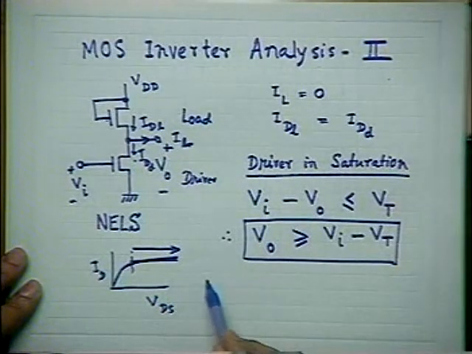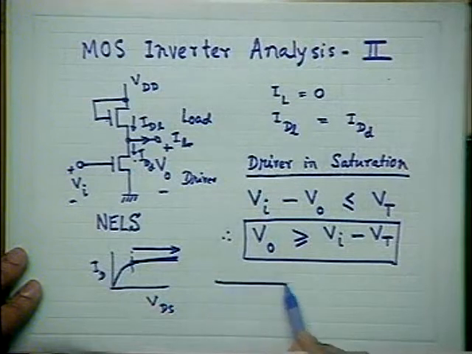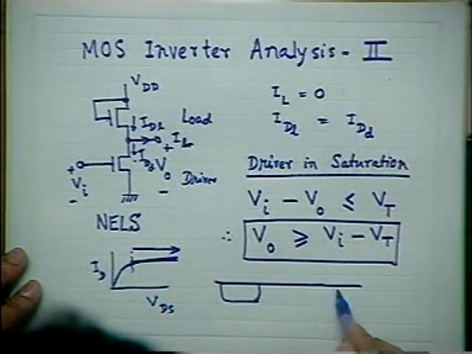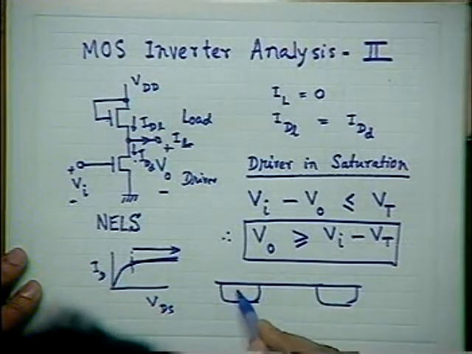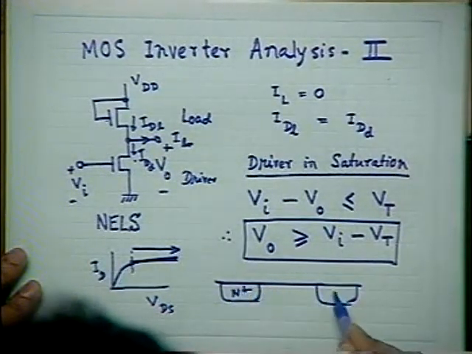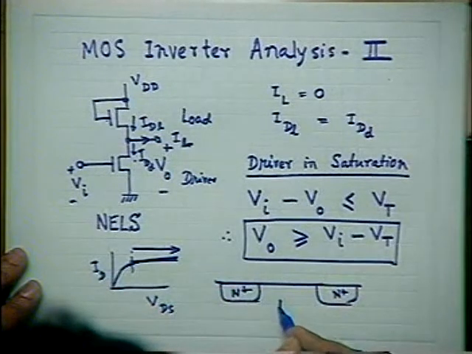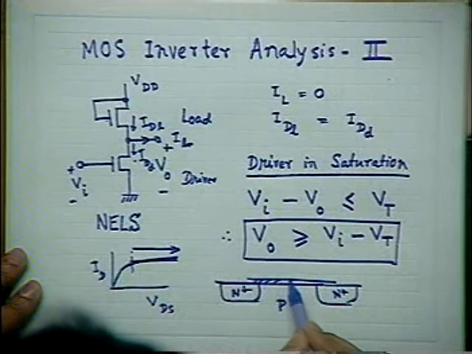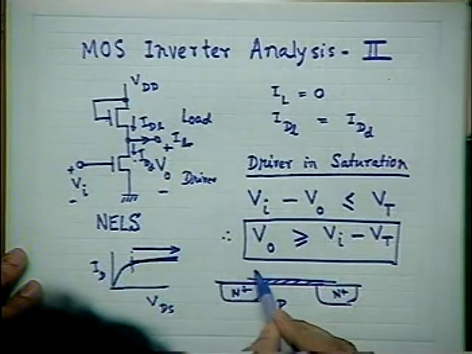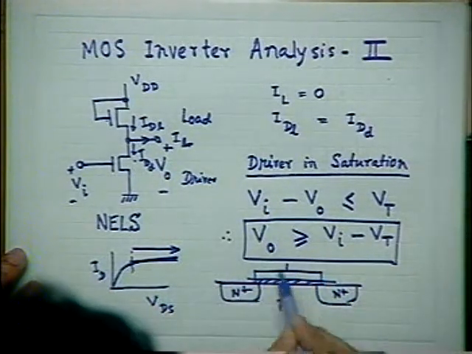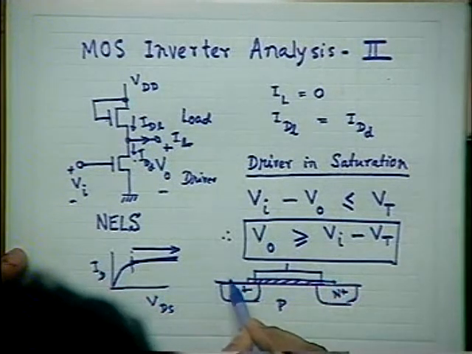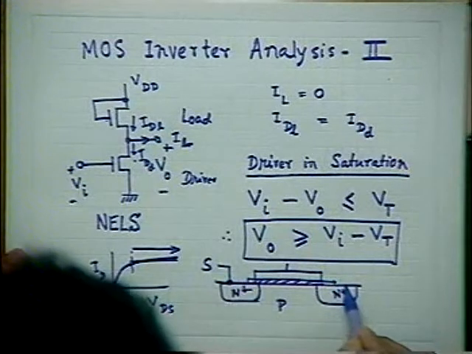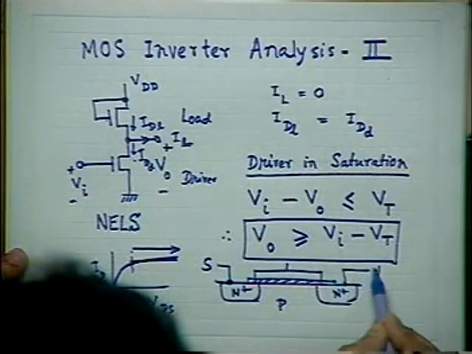You remember the transistor, this is your MOSFET, N plus source and drain, this is P substrate, there is a gate oxide, and then there is a gate. We have got a connection from here, this I called source, and the connection here is drain.